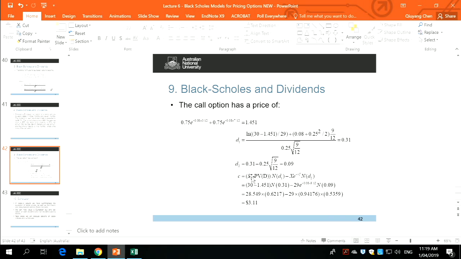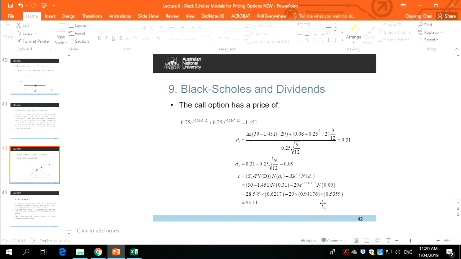We do the same in the Black-Scholes option pricing formula. The current share price is simply 30 minus $1.45, times N(D1). You can look this up in the probability table, which corresponds to a probability of 0.62.